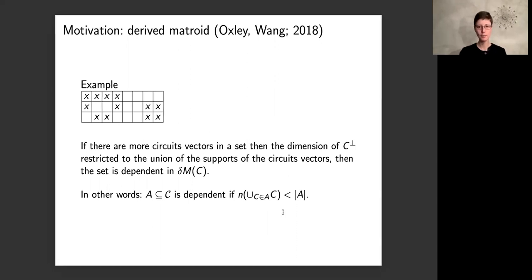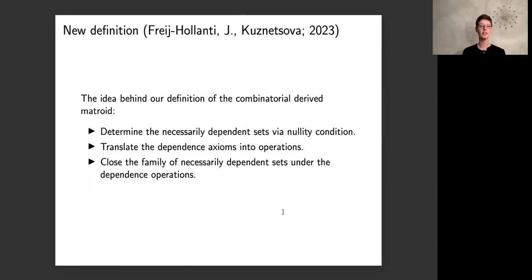So the hand-waving definition, or the idea behind our definition of what we call a combinatorial derived matroid, is the following. This condition that I just showed on the nullity gives me a family of sets of circuits, and we call them necessarily dependent. I mean, we know these will have to be dependent. But the thing is, it's not enough to just take these sets. You don't end up with a matroid.